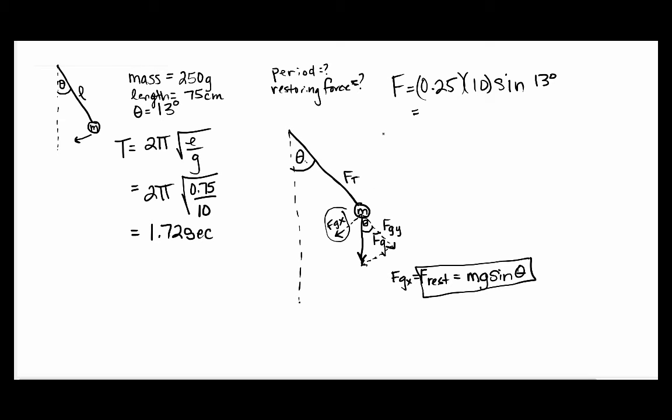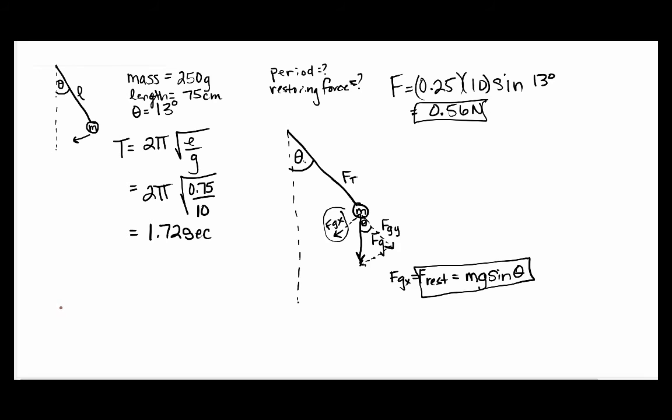If you had a 90-degree angle, then sine of 90 equals 1, and this would be the full weight of the bob. So as it is, the restoring force here is going to be 0.56 newtons, which is only a portion of the weight of this, which is 2.5.